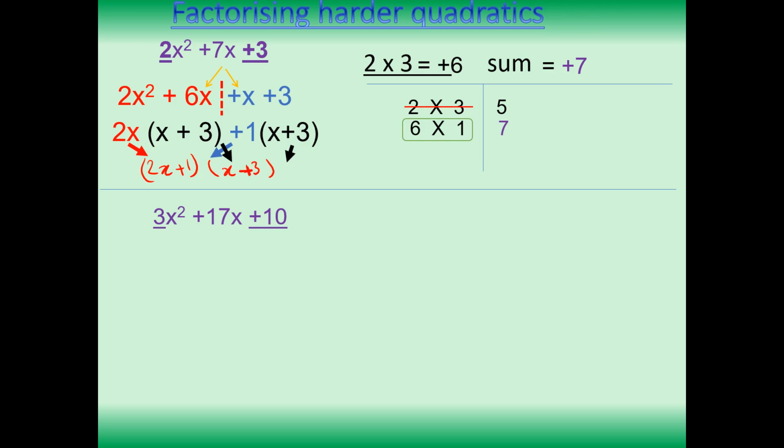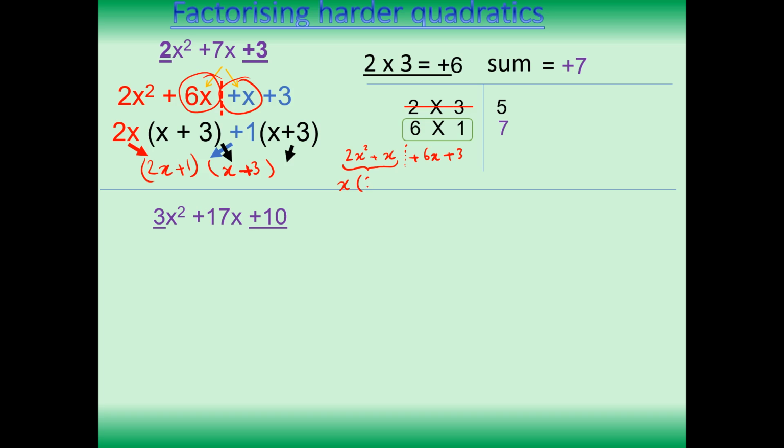All right. So what if you wrote this another way? I'll show you. What if you wrote 2x squared, and you wrote a plus x here, and then a plus 6x and plus 3 here, and your imaginary wall is here? Then factorizing this expression here, the highest common factor is only an x.